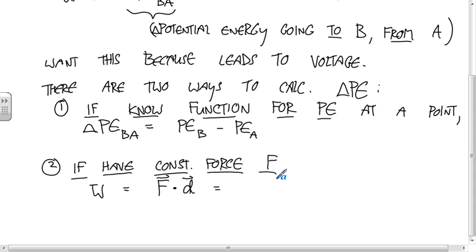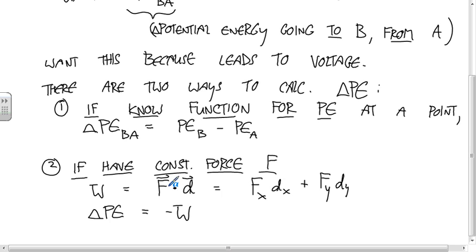You can do that with vector components as Fx dx plus Fy dy. And then use the fact that the change in potential energy is equal to the negative work. And I showed that last time using gravity.